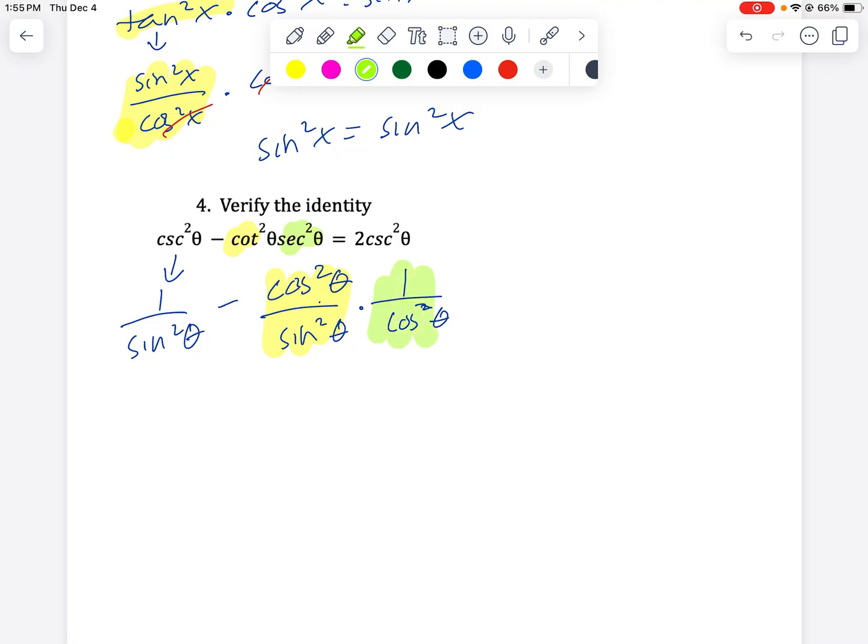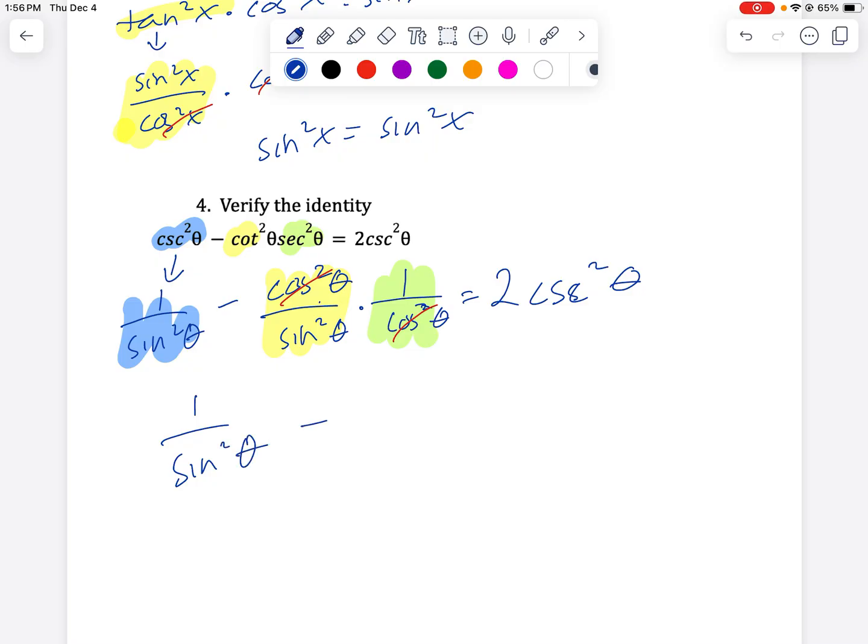This is secant. And this is cosecant. All right, looking at that second, that's supposed to equal 2 cosecant squared theta. The cosines cancel each other out, so I get 1 minus sine squared theta minus 1, or that should be plus. These should have been pluses.